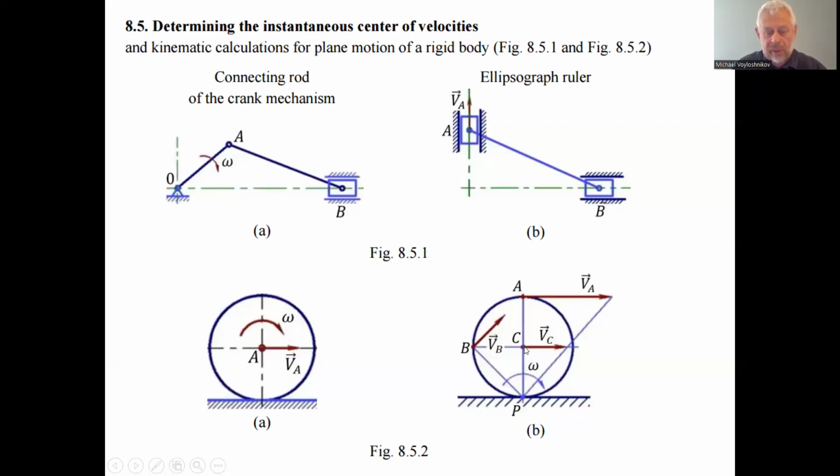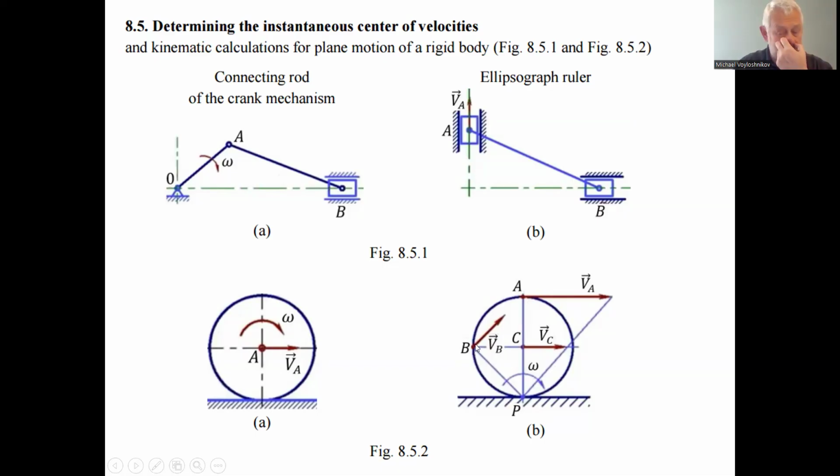The velocity of the point A, VA, and the velocity of the point C is VC, and VA is twice bigger, because from the instantaneous center of the velocities, like in the diagram, the velocity distributes linearly depending on the distance from the instantaneous center of velocity.